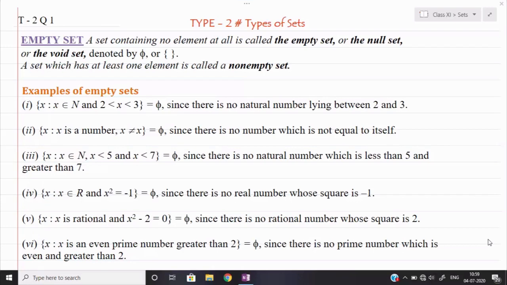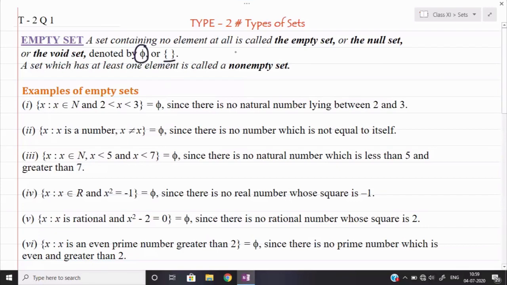So the first type is the empty set. A set that does not have any element is called the empty set. This kind of set we normally denote by the symbol phi, as you can see on your screen. You can also use two curly brackets.